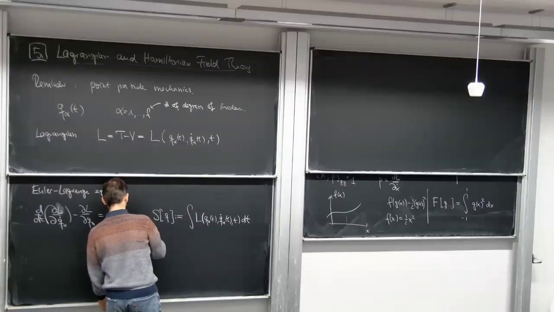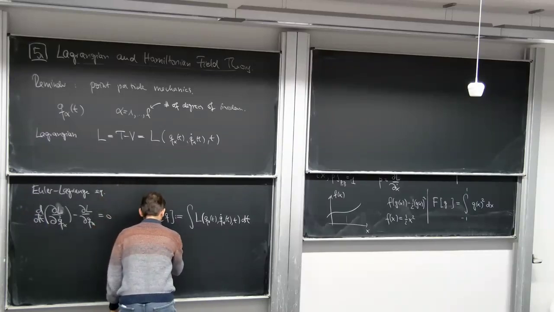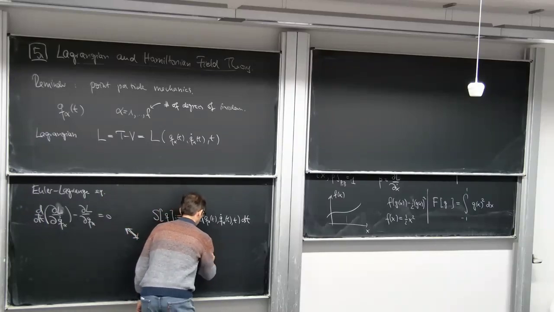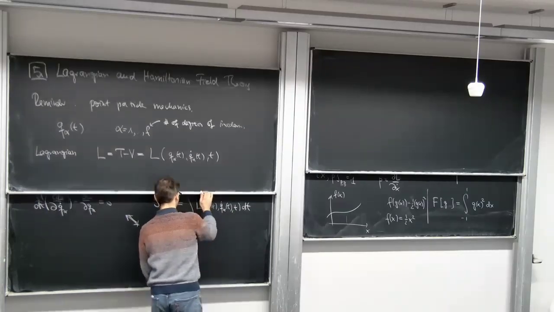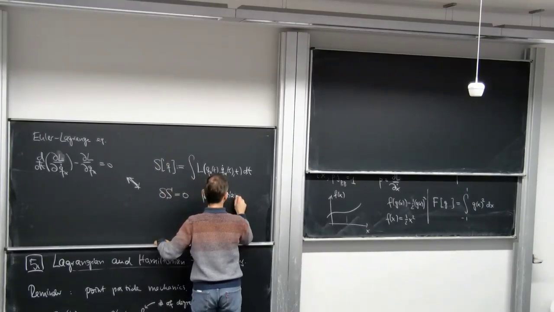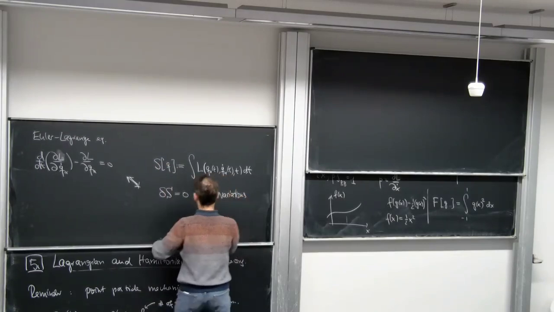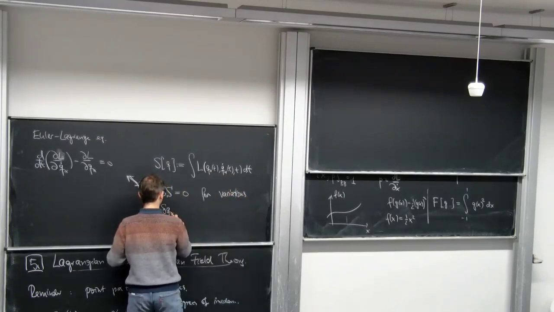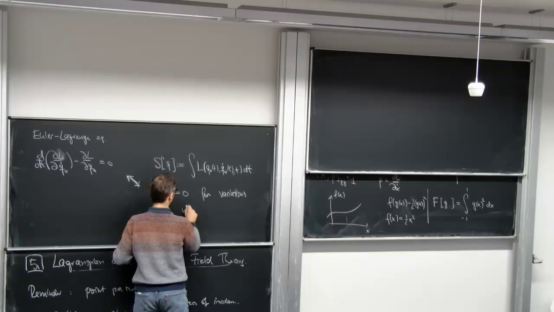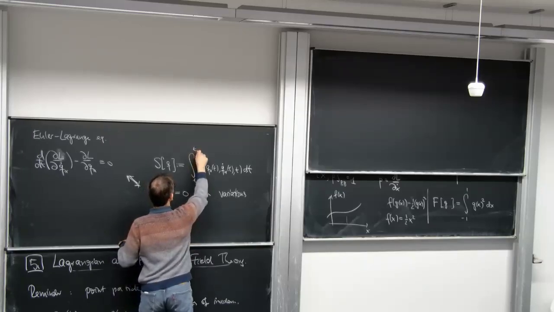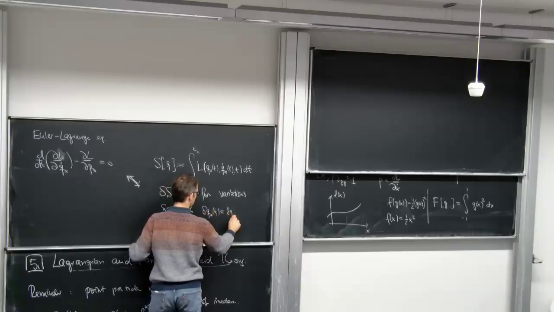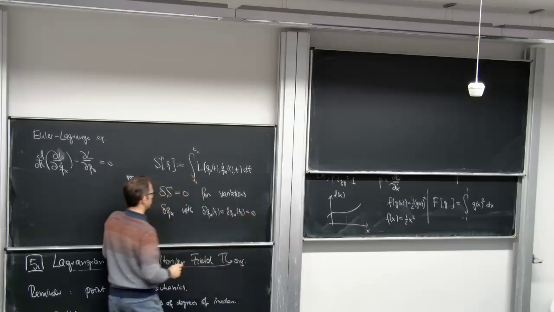This statement up there is equivalent to the variation of S equals 0 for variations delta Q, with, so this goes from t1 to t2, say, with delta Q at t1 and delta Q at t2 equals 0.